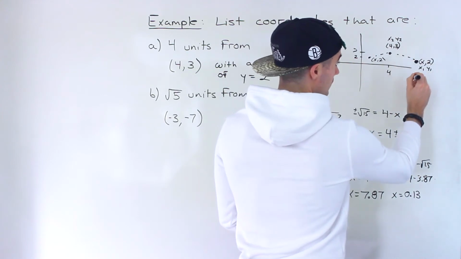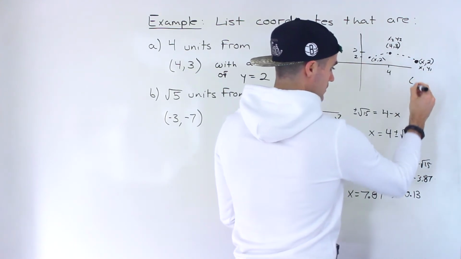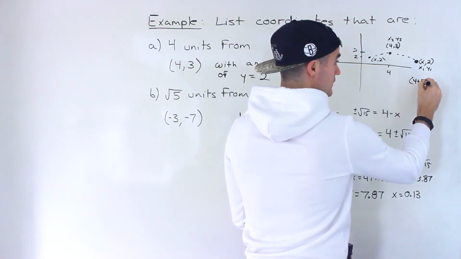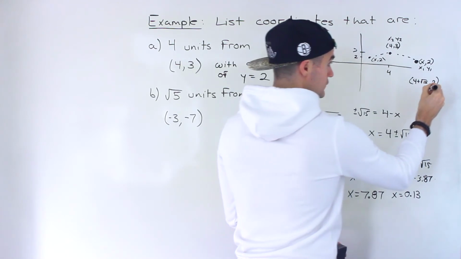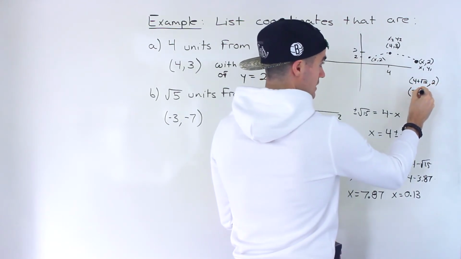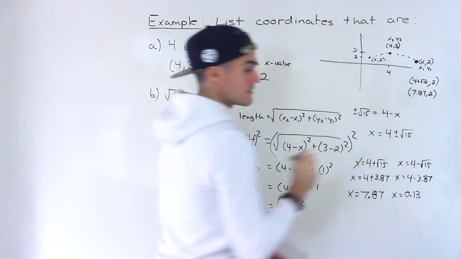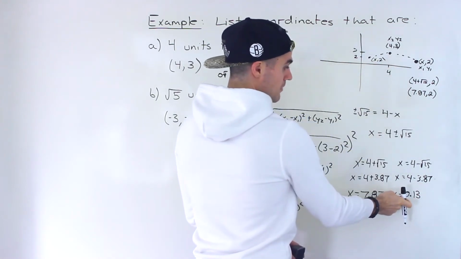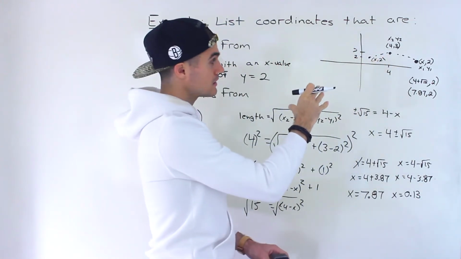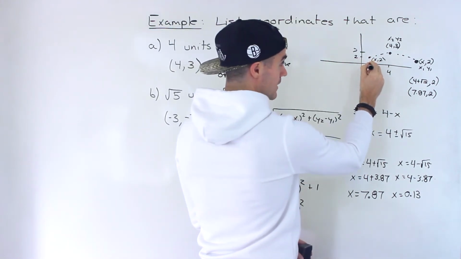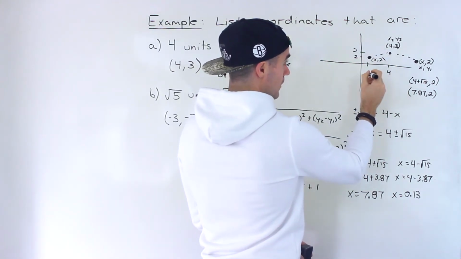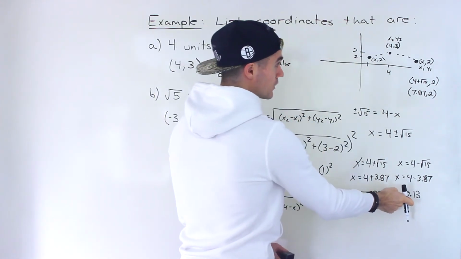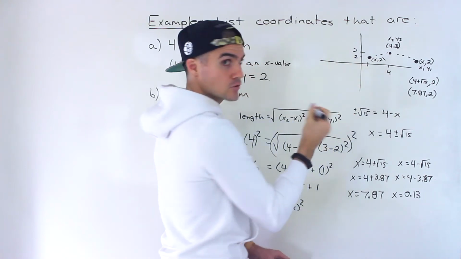So this point, there are two different ways to represent it. We could represent it as 4 plus root 15 and a y value of 2, or we could represent it in decimals, 7.87 and 2, like that. And then this point over here, notice the x value is positive, so it's actually to the right of the y-axis, right? So the drawing was correct over here. We don't have to move this point to the left of the y-axis, but if we got a negative over here, then we'd have to adjust the drawing.